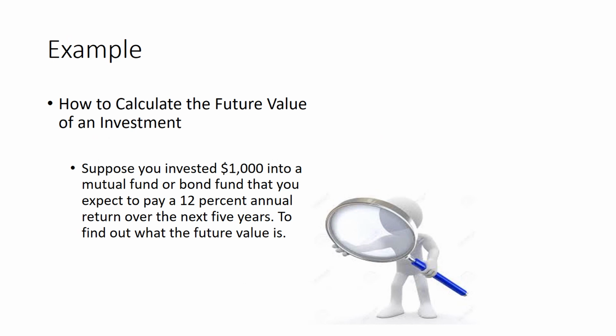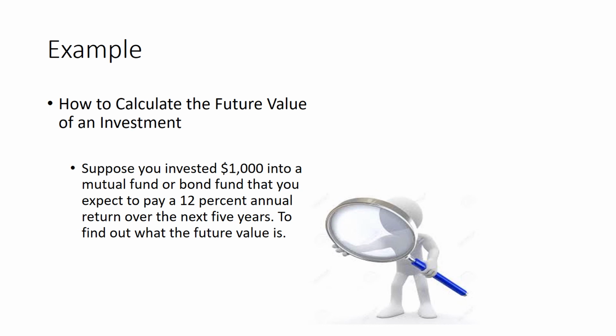So the first one is how to calculate the future value of an investment. It says, suppose you invest $1,000 into a mutual fund or bond that you expect to pay a 12% annual return over the next 5 years. Find out what the future value is.